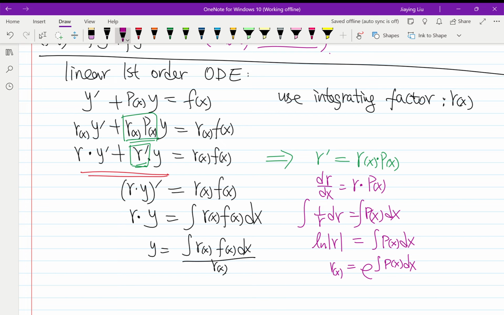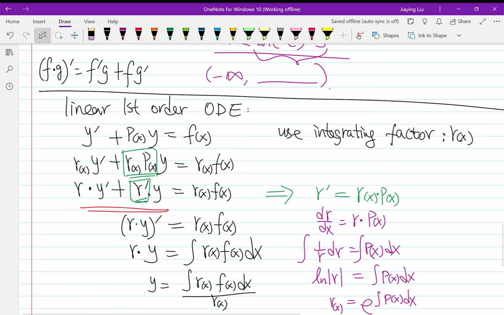It turns out that this integrating factor r of x we added in the beginning without knowing what it is, actually depends on the p of x in the middle term. So this is the integrating factor, which depends on what this p of x is right there in the middle.